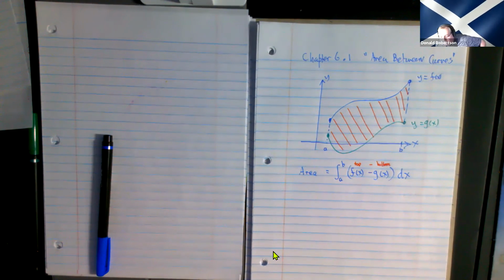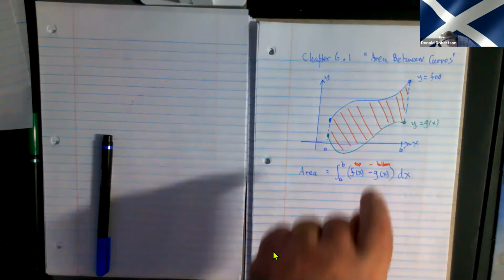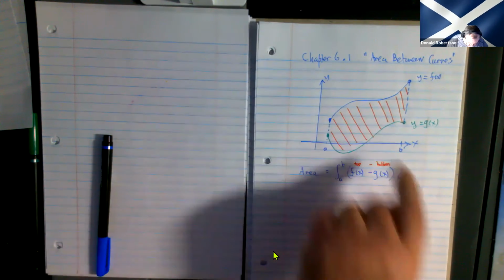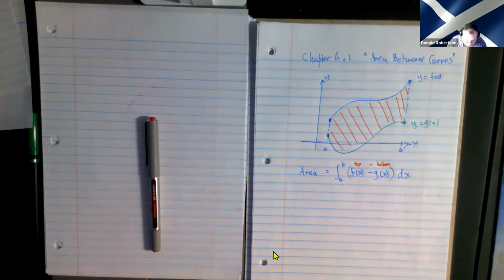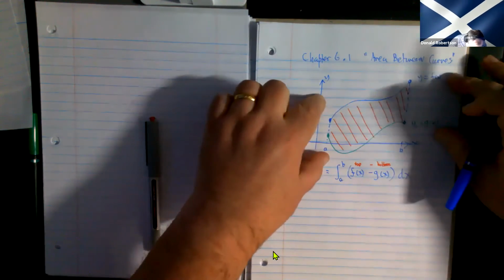They might just say to you, find the area between f of x equals x squared and g of x. Well, they won't even call them f and g. They'll say y equals x squared and y equals x. And if you are given that, you need to know which one is the top and which one's the bottom. So the way I do that is plug it into your calculator and have a good look at it.